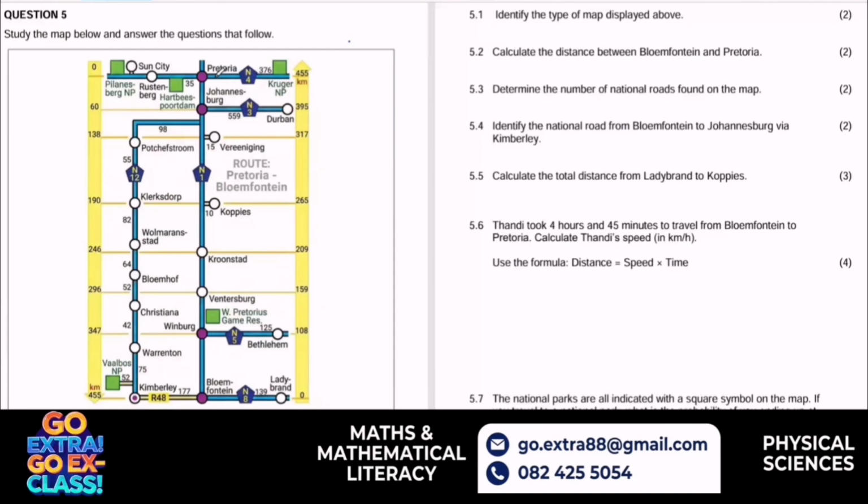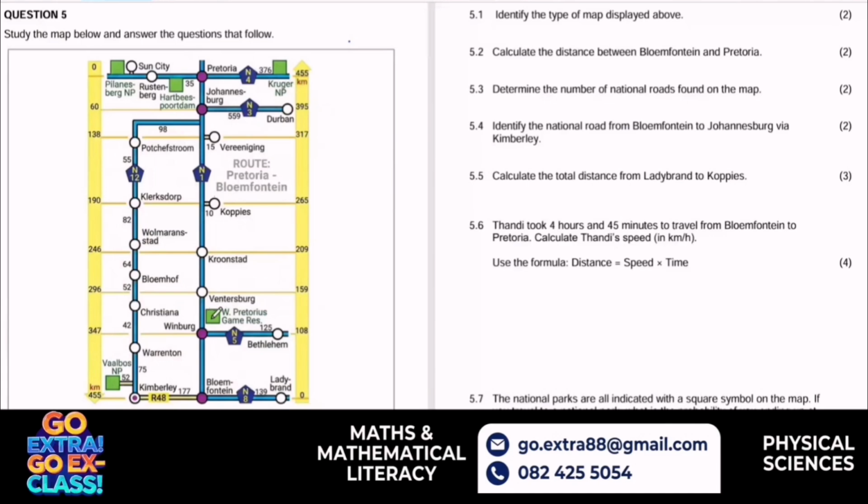So these are the 2 far points. On the left-hand side, we can easily see that there's a distance. The distance from Pretoria to the bottom, which is Bloemfontein, is about 455, and the distance from Bloemfontein to Pretoria is also the same distance, 455. We also have the national routes, shown using these pentagon icons. And this circle, you remember from the previous videos, indicates the towns.